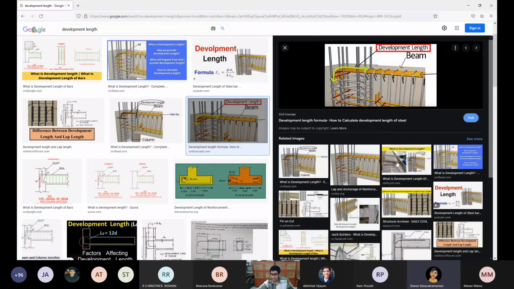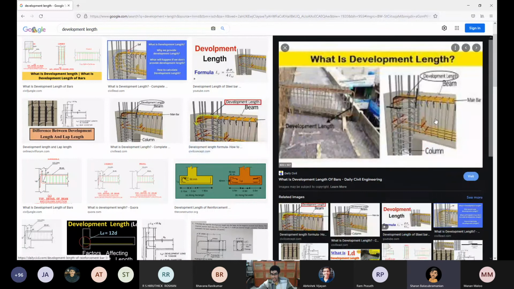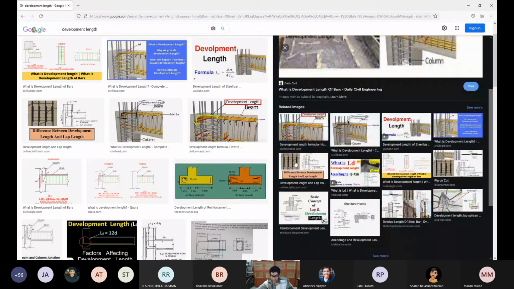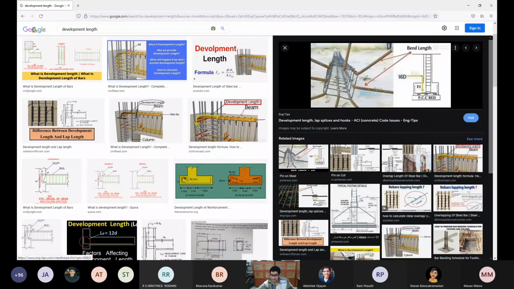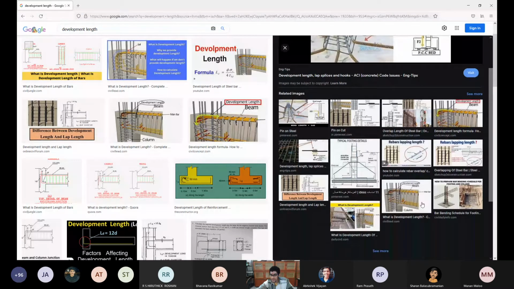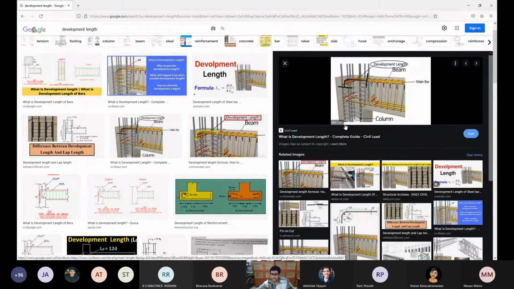So you can actually see it, even if this is not a good image. Okay, this itself is better.